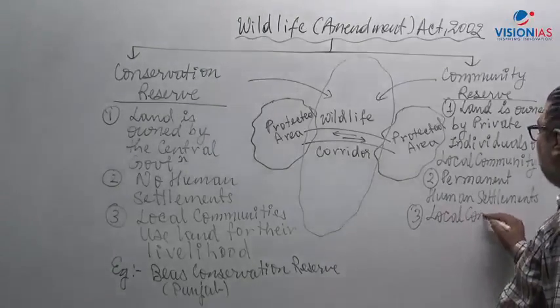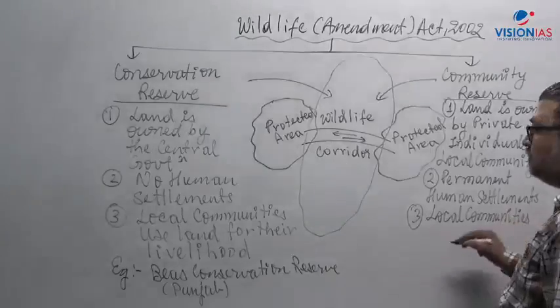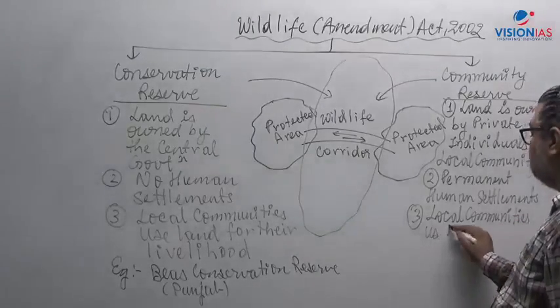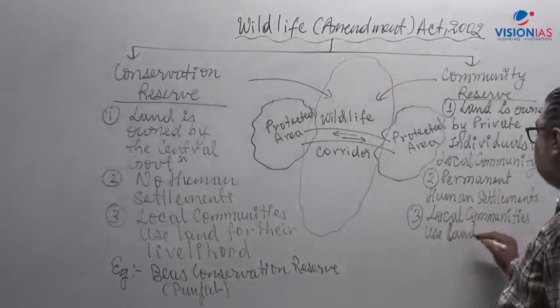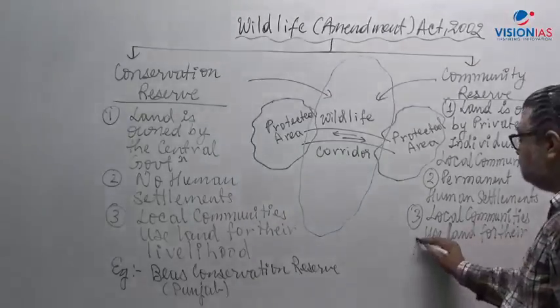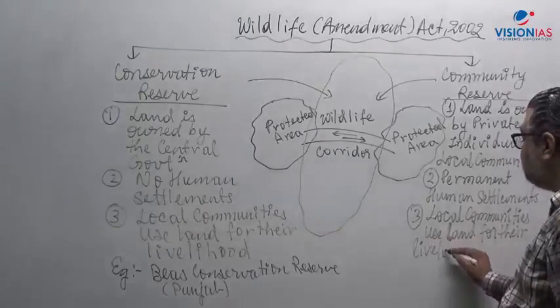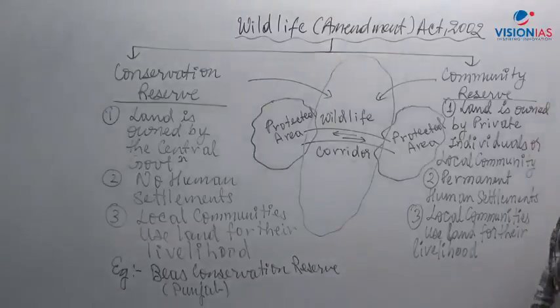Local communities own the land and use the land for their livelihood. Then it is declared by the state government as a community reserve.